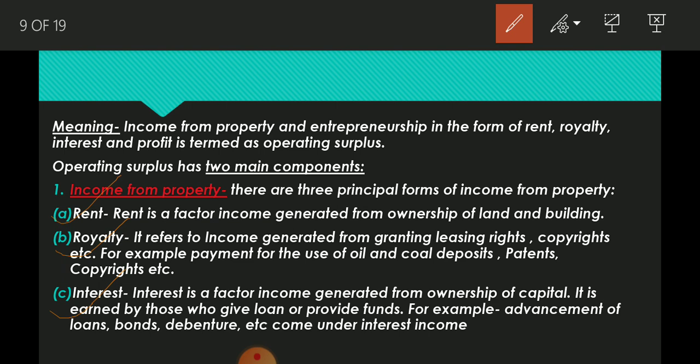Rent is received by the landowner. Royalty is received by a person who has special ownership of any property. Interest: whoever has capital and lends out the money receives interest.